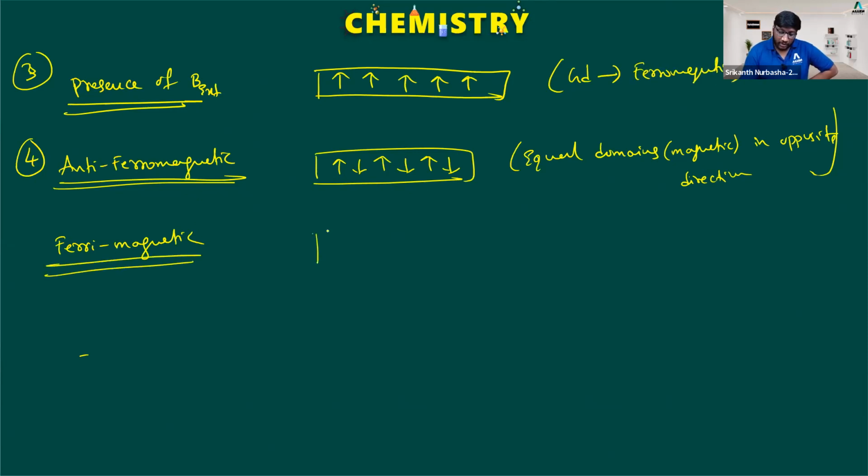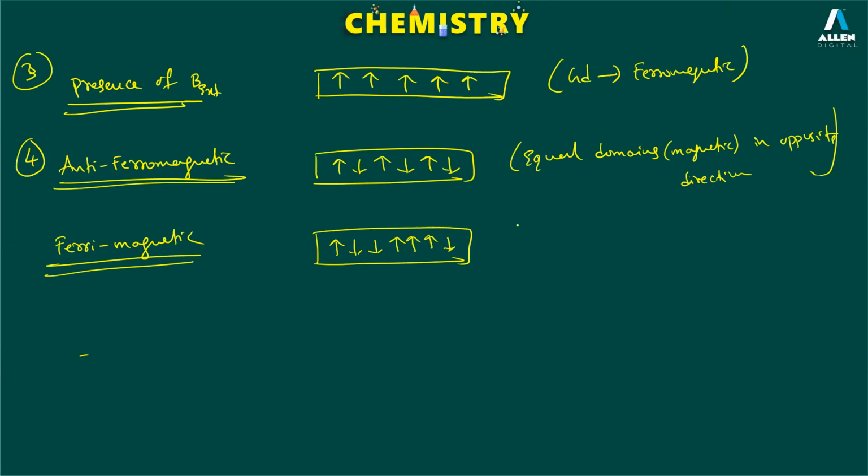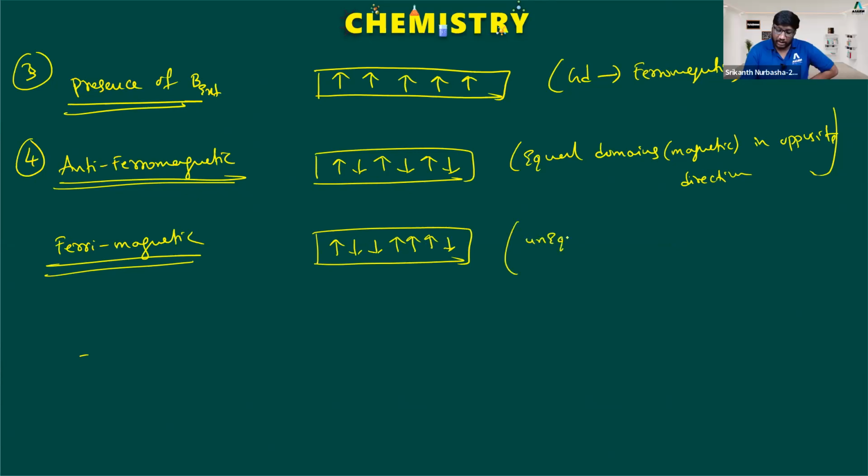Ferrimagnetic means an unequal number will be there: unequal magnetic domains in opposite directions. For antiferromagnetic, you can take the example of MnO.